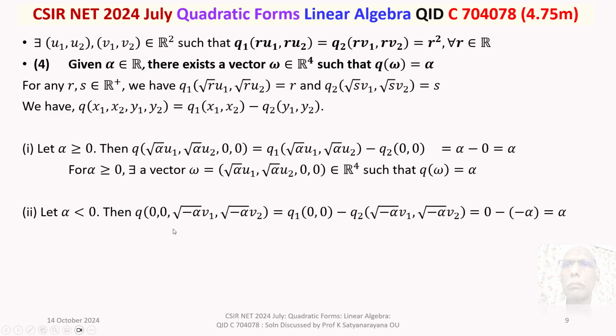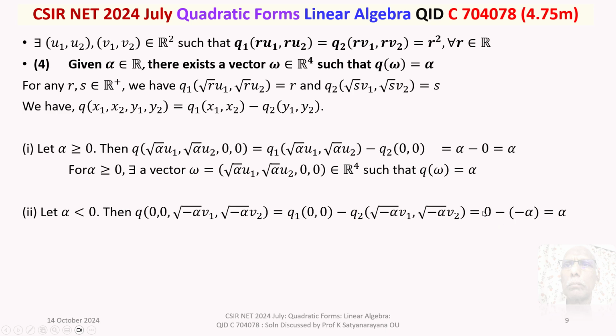Then Q of (0, 0, root of minus alpha v1, root of minus alpha v2) is equal to Q1 of (0, 0) minus Q2 of (root of minus alpha v1, root of minus alpha v2). Q1 of (0, 0) is 0, put r equal to 0 in this, and Q2 of (root of minus alpha v1, root of minus alpha v2) is root of minus alpha square, that is minus alpha.